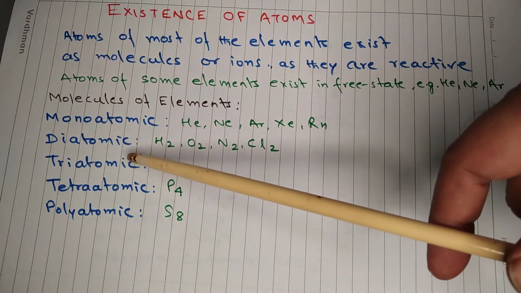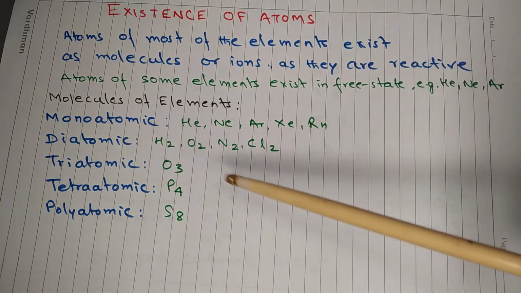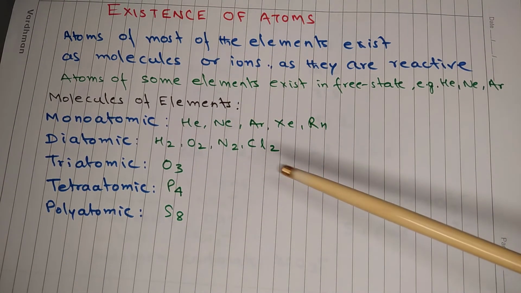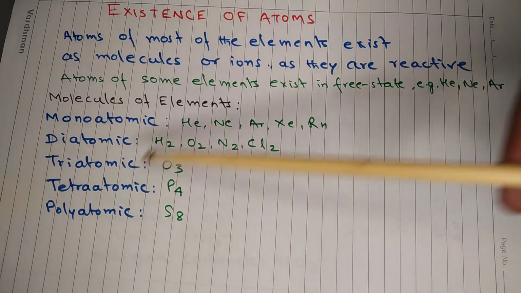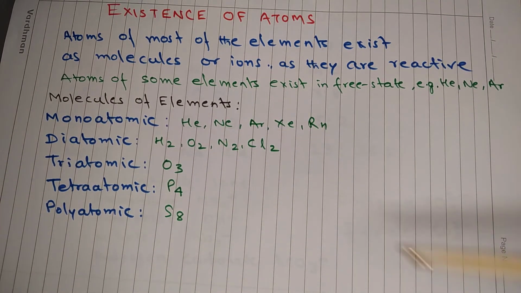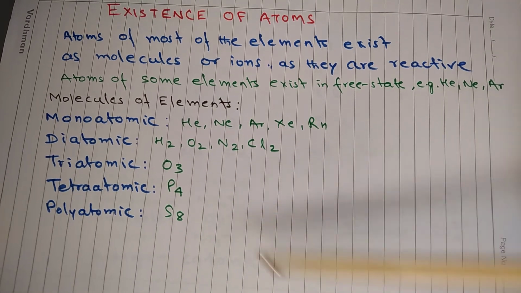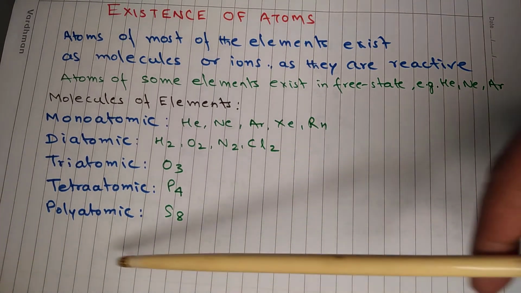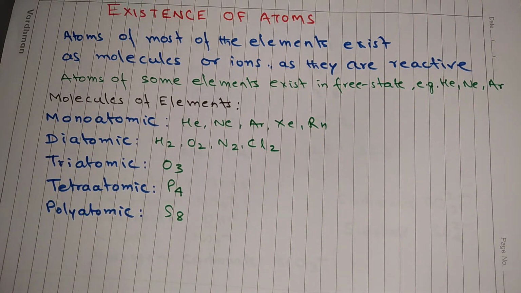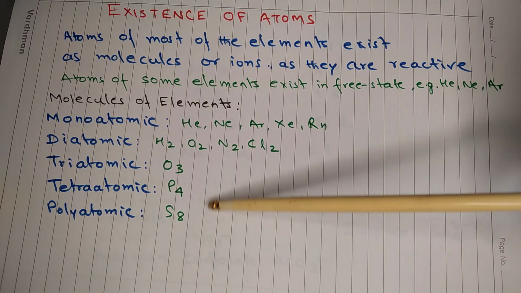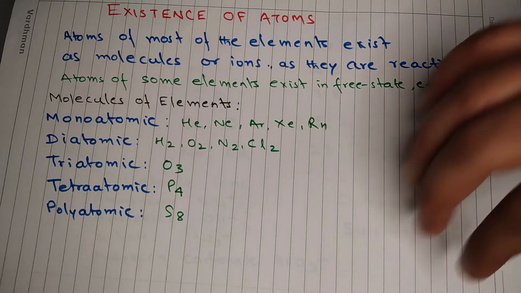Diatomic, that is molecules with two atoms: hydrogen, oxygen, nitrogen and chlorine are diatomic molecules. A triatomic molecule is ozone with 3 atoms. Tetraatomic is phosphorus, and beyond that we have polyatomic molecules like sulfur. A molecule of sulfur contains 8 atoms of sulfur.